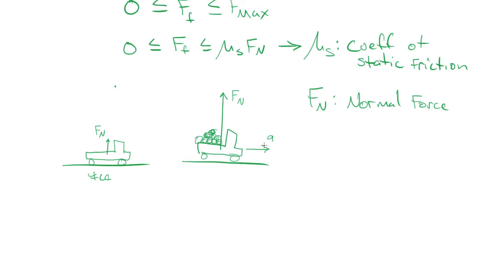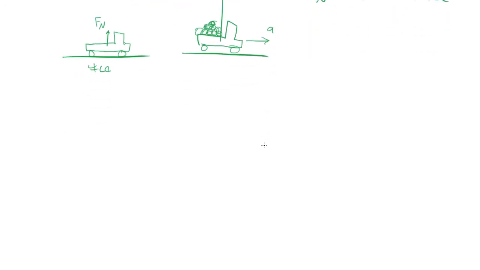The harder you push on something, the stronger the friction, that's all. You could have kind of imagined like if you're trying to hold a book against a wall, right? If you just hold really gently, the book's going to fall. If you push really hard, the book stays against the wall. All right, so that's static friction.